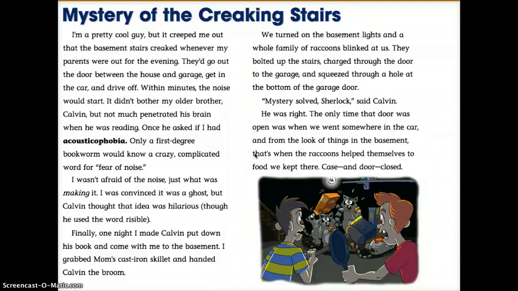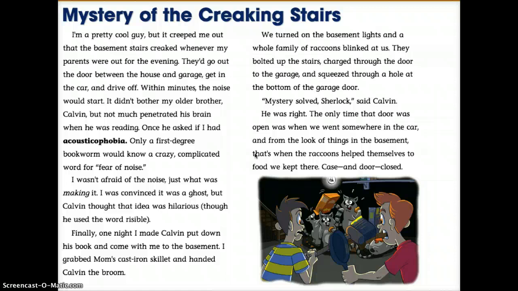Only a first degree bookworm would know a crazy, complicated word for fear of noise. I wasn't afraid of the noise, just what was making it. I was convinced it was a ghost, but Calvin thought the idea was hilarious, though he used the word risible. Risible? Risible. Finally, one night, I made Calvin put down his book and come with me to the basement.